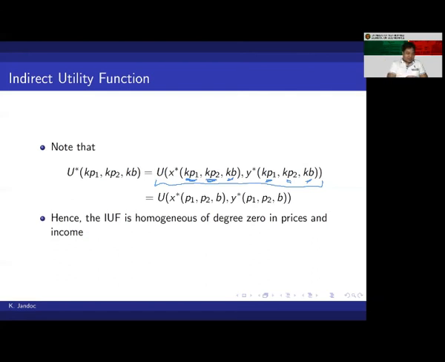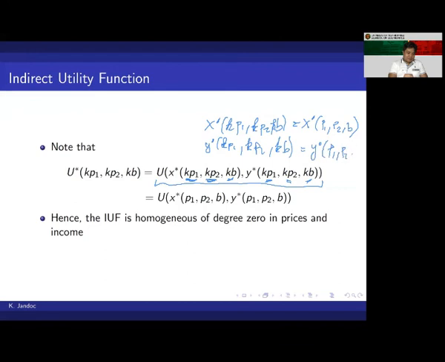So X star of KP1, KP2, KB is equal to X star of P1, P2, and B. The same is true for Y star: Y star of KP1, KP2, KB is equal to Y star of P1, P2, B.